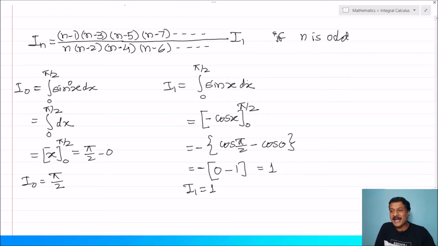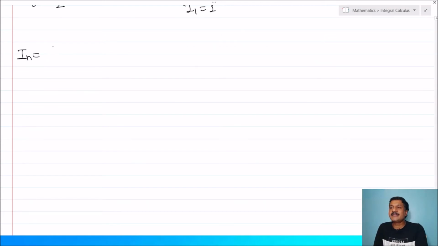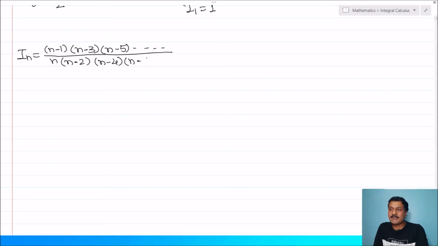And that is why I can write the result as In equal to (n minus 1)(n minus 3)(n minus 5) dot dot dot upon (n minus 2)(n minus 4) into (n minus 6) dot dot dot into, so here I am taking n is even.